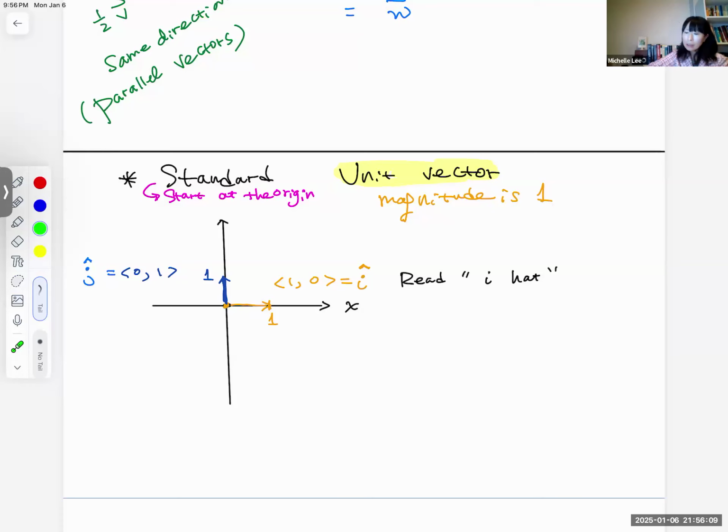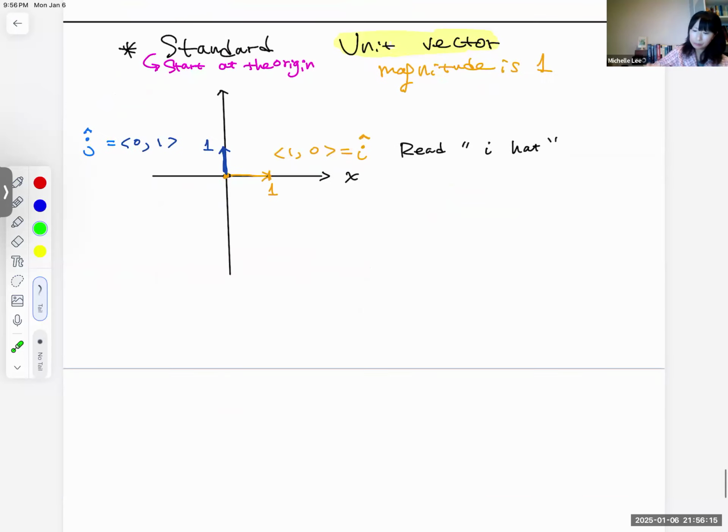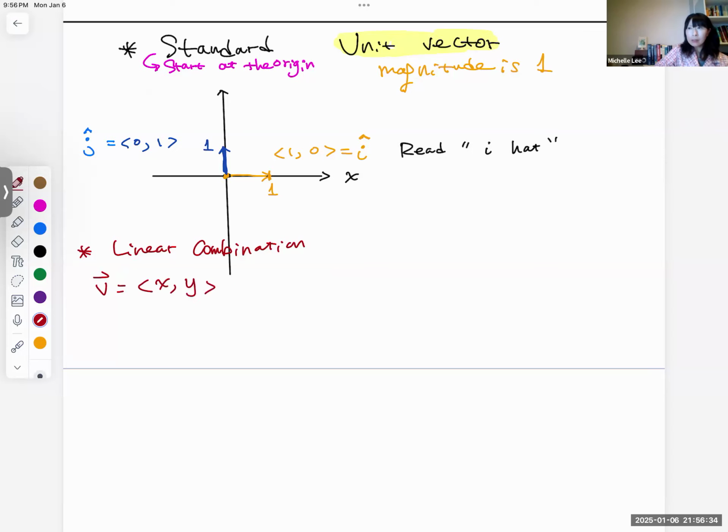Yes? Okay. Then we have another terminology, linear combination. Let me write it down here. We have a vector v equal to (x, y).